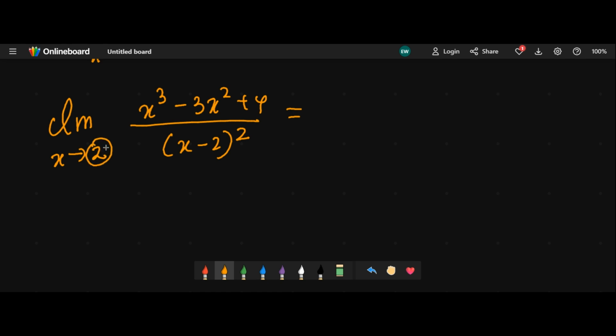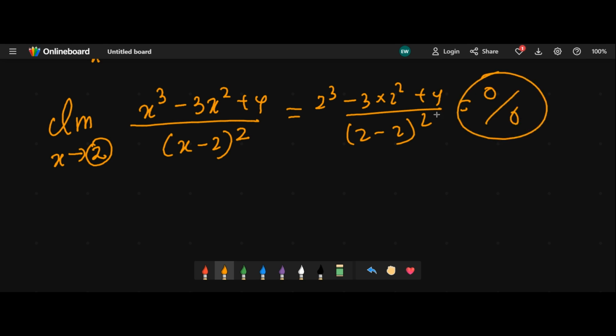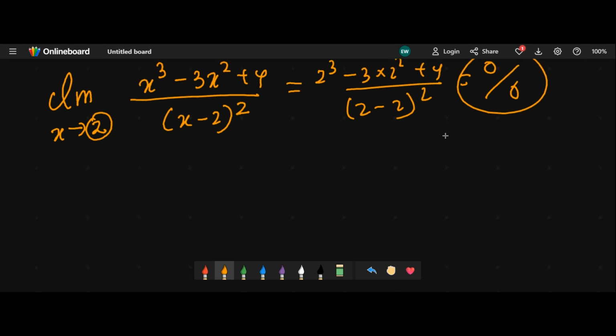First step, you have to substitute and see. If you put 2 here, it will be 2 cube minus 3 into 2 squared plus 4, divided by (2 minus 2) squared. So it will be 0 divided by 0. In such a case, you can try this L'Hopital rule.